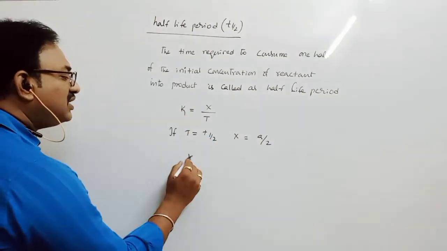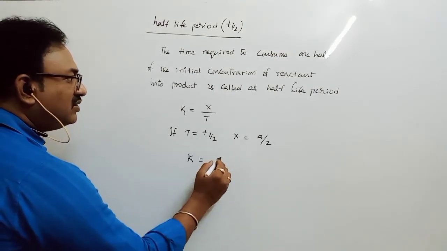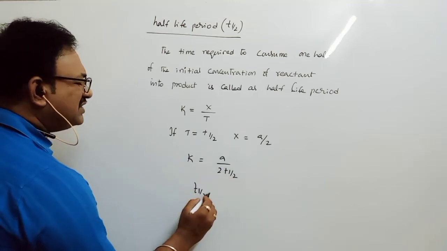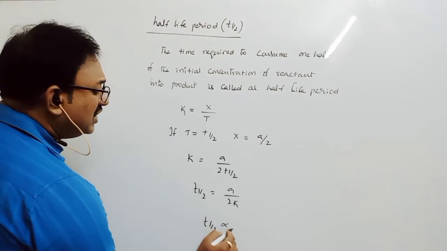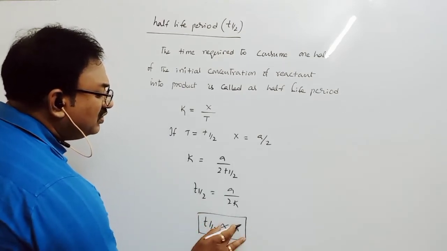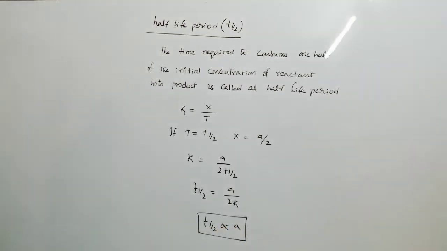Then substitute here. Then k is equal to a by 2t half. So t half is equal to a by 2k. So t half is proportional to a. A means initial concentration.